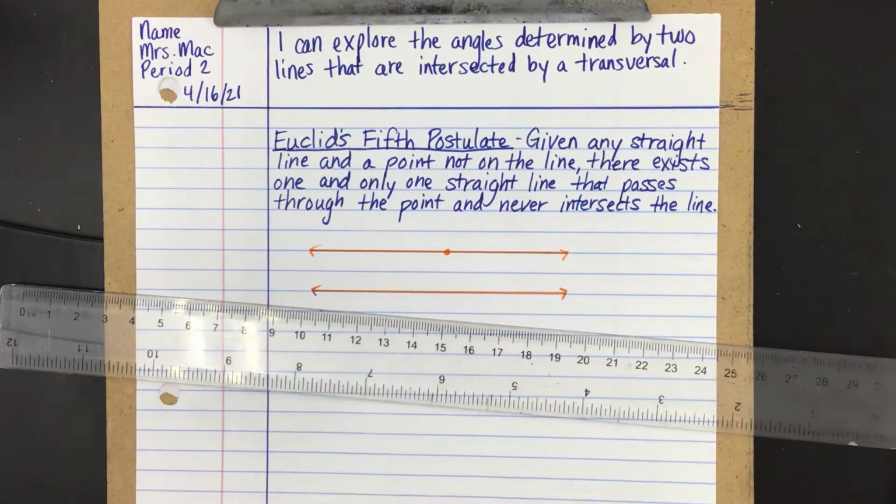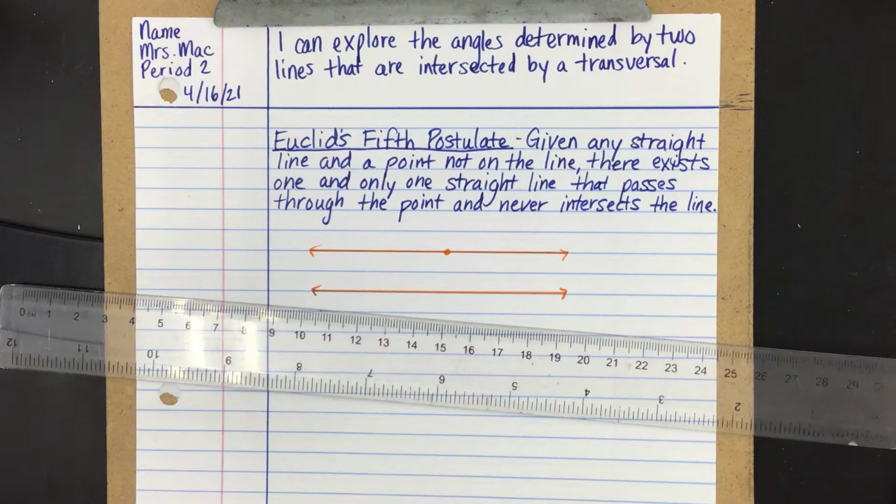Any other line that travels through that point will eventually intersect that other line. Okay? So if this line is just slightly off of this line, eventually somewhere down the road it will intersect. Okay? There's one and only one line that will never intersect that other line that passes through that point.